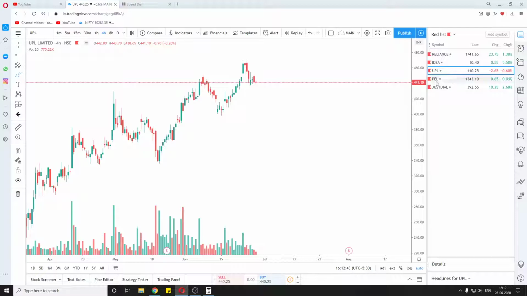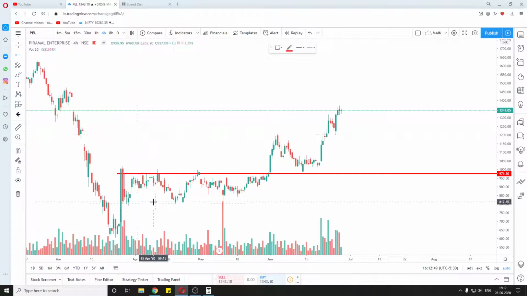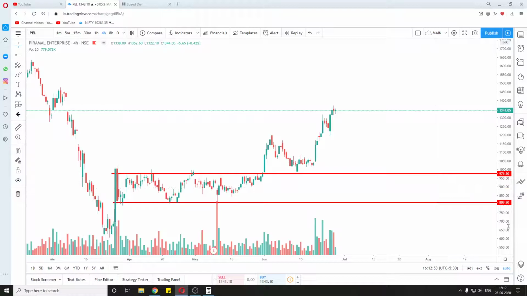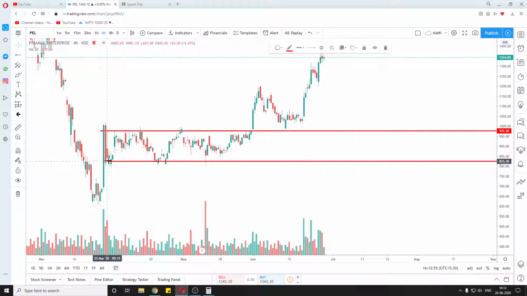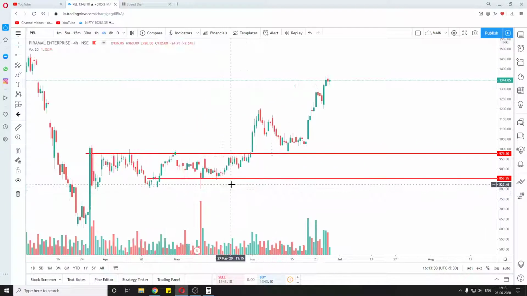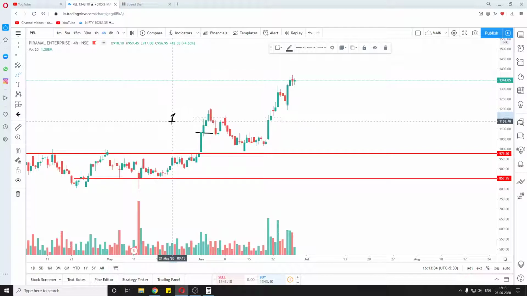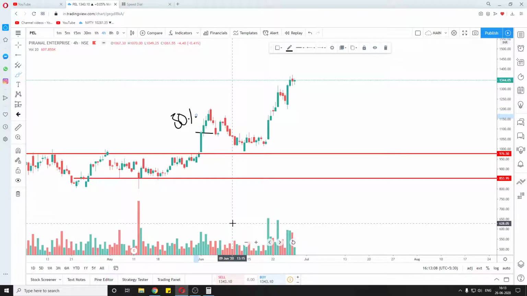Now if we look at the PEL chart, this is the breakout and this is the lower range. At the end we can say the lower range was somewhere around here. So our entry is at this level. We use 50% of the capital. Before entering, we decide the stop loss.